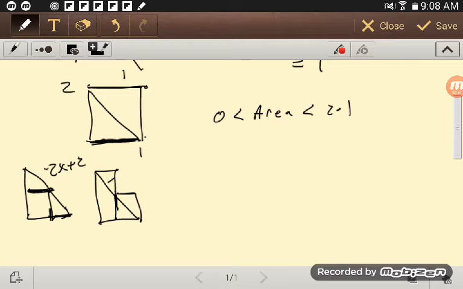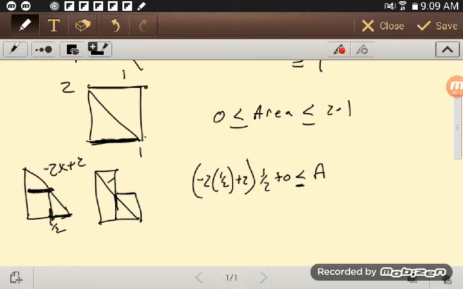So that's at 1/2. So I have minus 2 times 1/2 plus 2. Okay, there's the height of that rectangle times the width, 1/2, and then plus 0. That's less than, let's start going with less than or equal to, but less than or equal to the area.